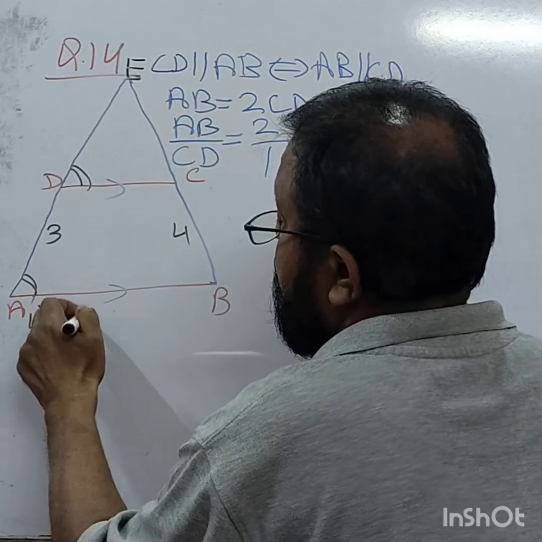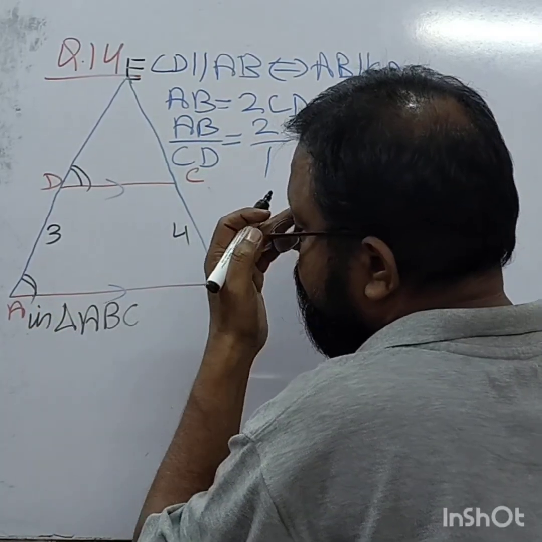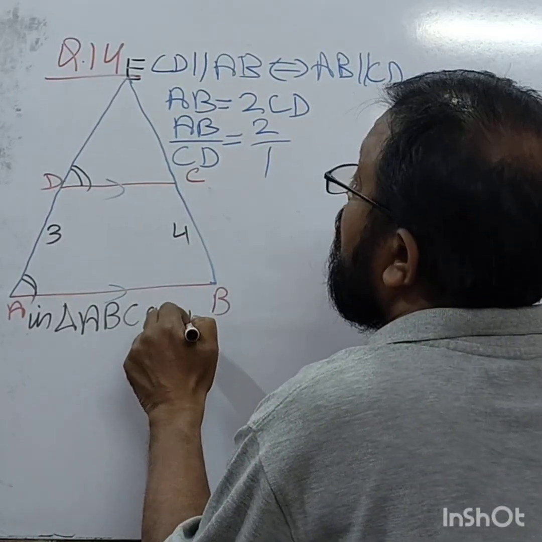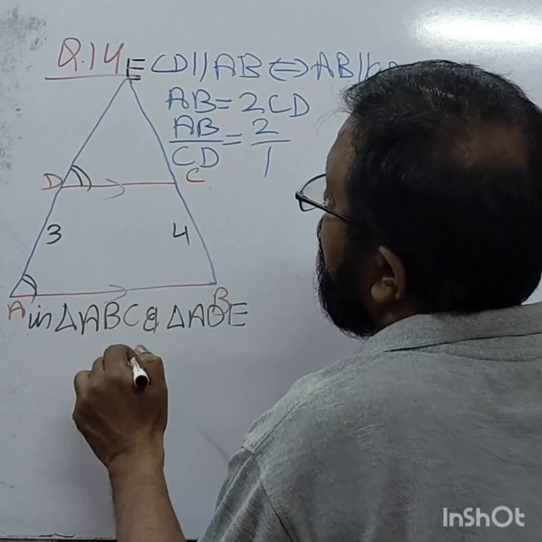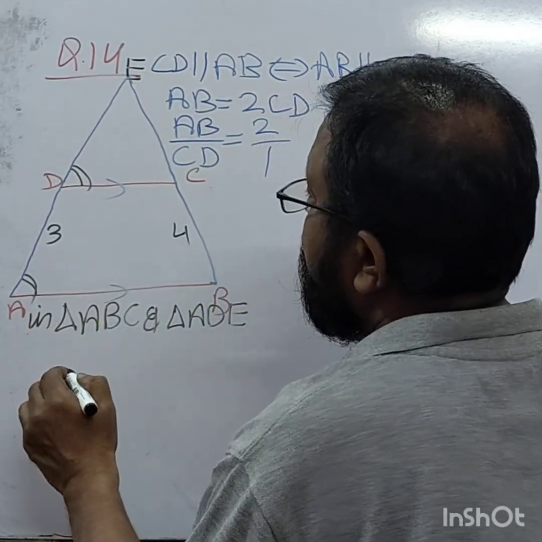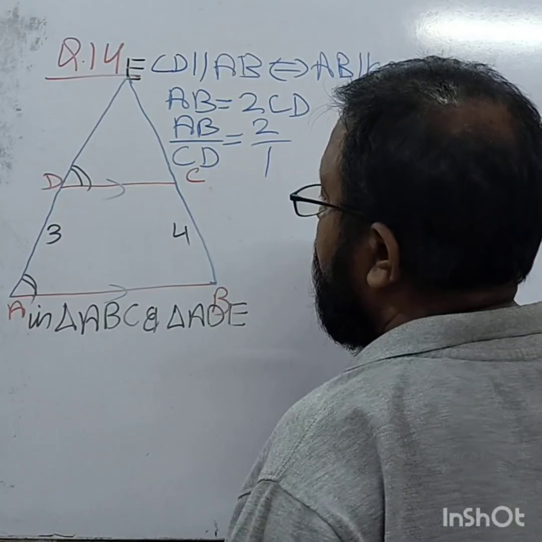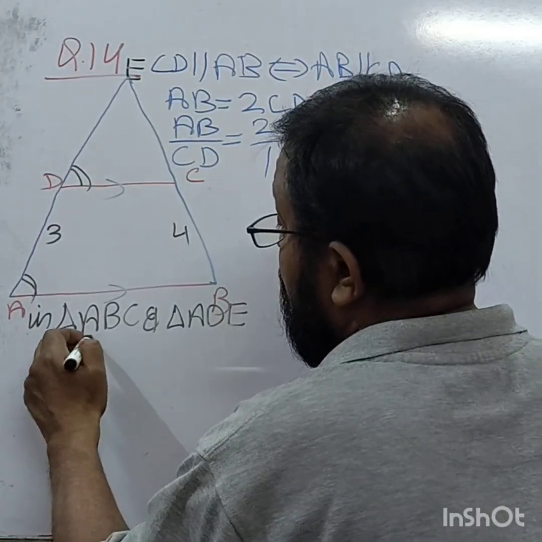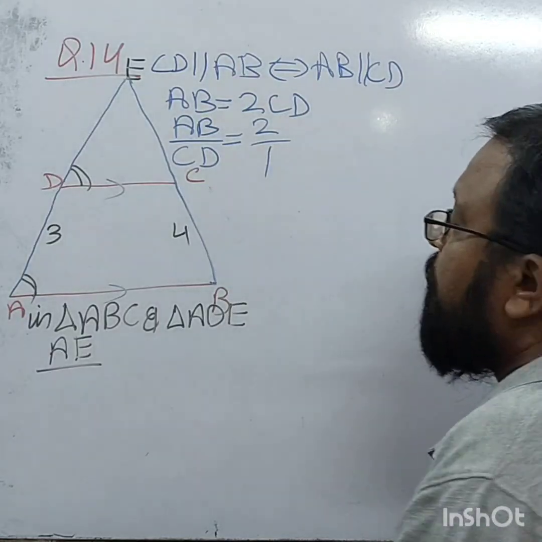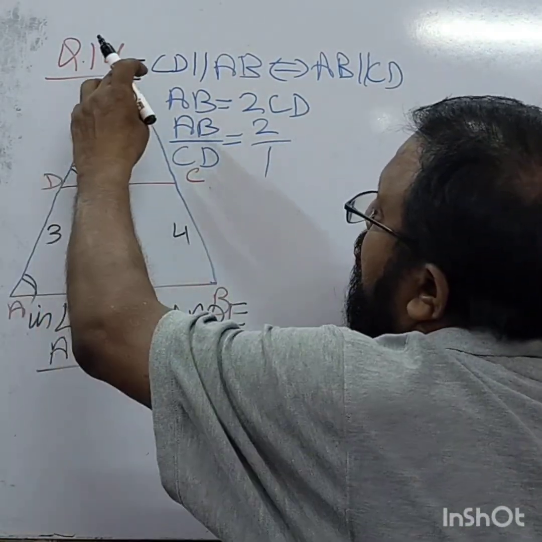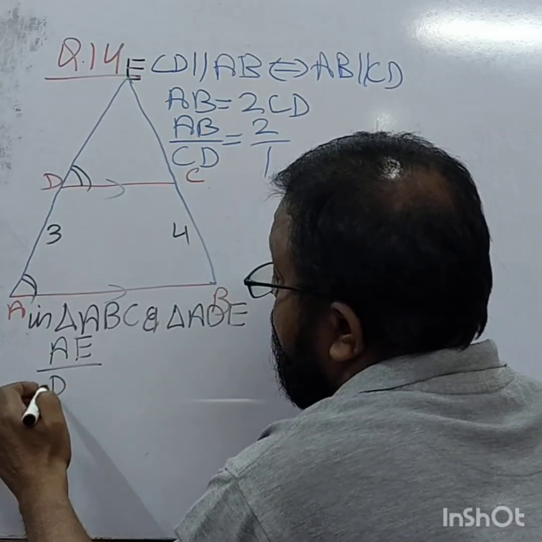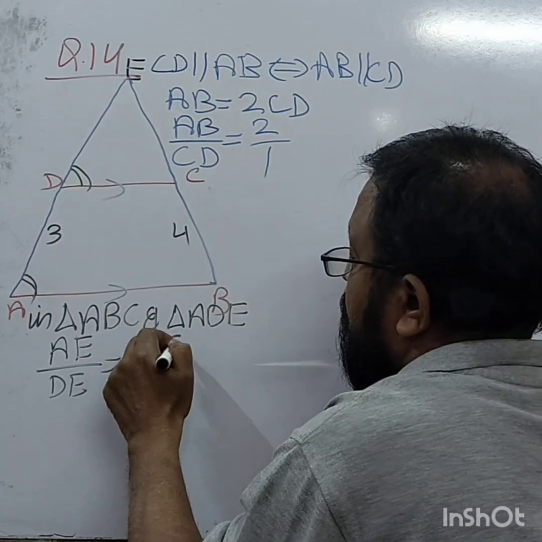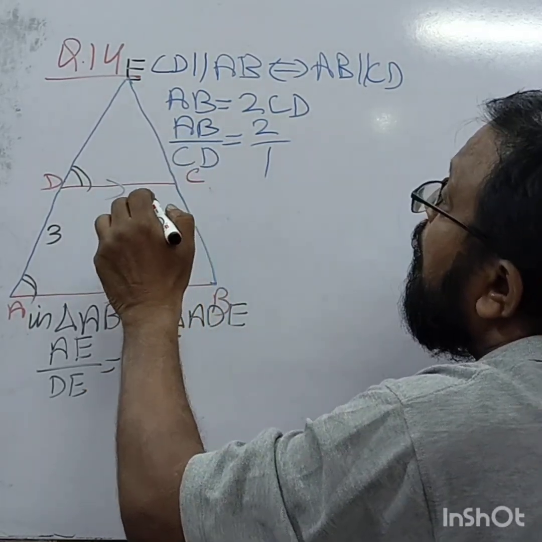In triangle ABE and triangle CDE, AE upon DE is equal to BE upon CE.